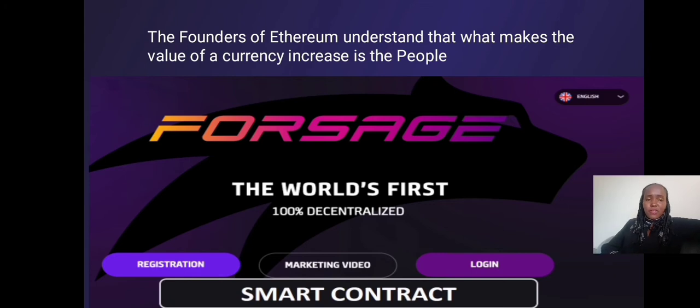The founders of Ethereum, through this Forsage ecosystem, are able to get people using the Ethereum cryptocurrency so that the value of Ethereum shoots up. This is the whole idea of Forsage.